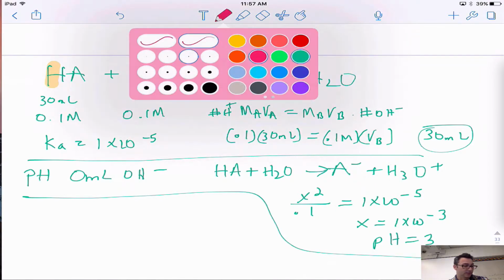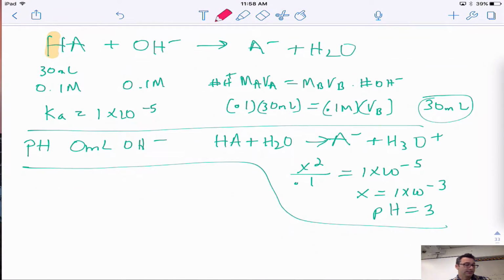So let's say that in our next step here, we decide to add 15 milliliters of OH minus. So now we started with 30 milliliters of HA and 0.1 molar of it. Something I like to do is, instead of changing this to liters to save time, I just leave it as milliliters.